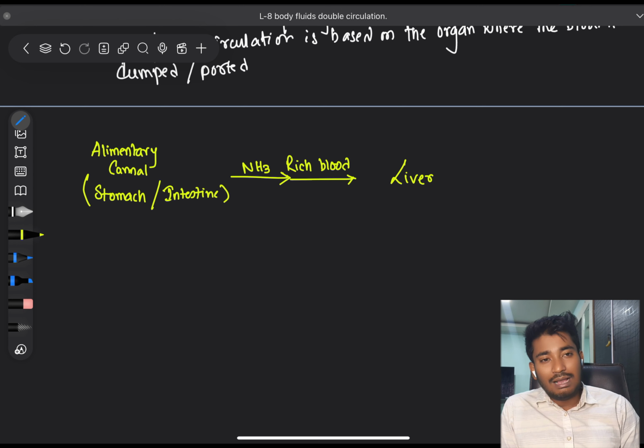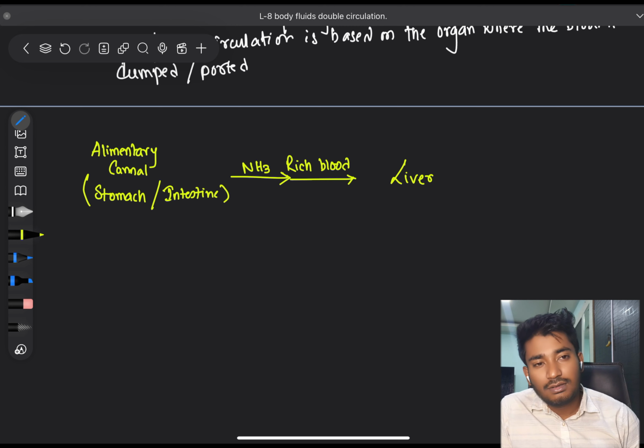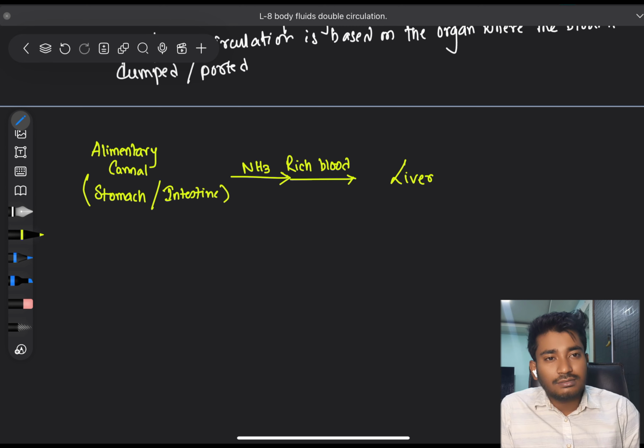Ammonia gets segregated in the liver by the ornithine cycle. The ornithine cycle is not in your NEET syllabus, but it is in the MBBS. The ammonia rich blood is detoxified in the liver, and the liver also produces different clotting factors, which are required for blood clotting.